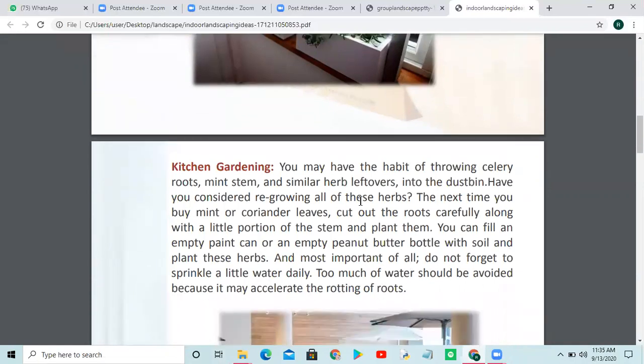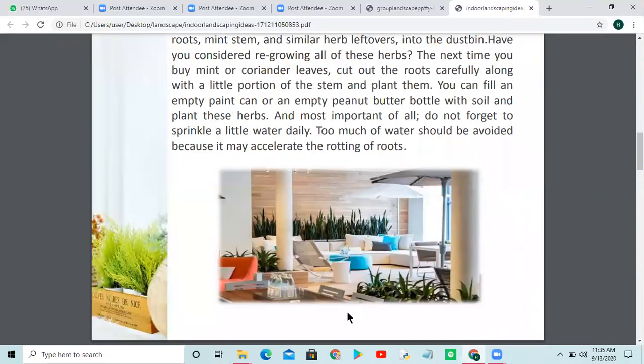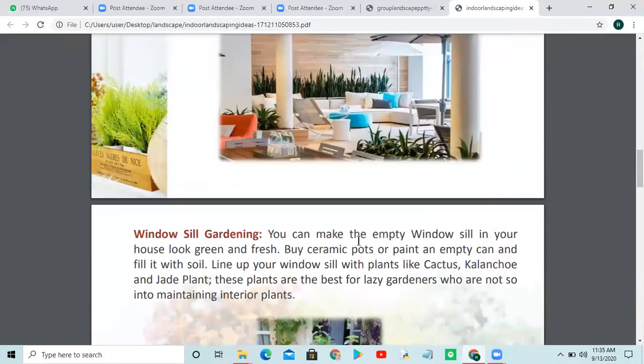And moreover, for a kitchen garden, it is very important that whatever biodegradable waste you generate in the kitchen can be put in the plants as manure. In India it is not that common, but outside, people have those kitchen gardens. Why?